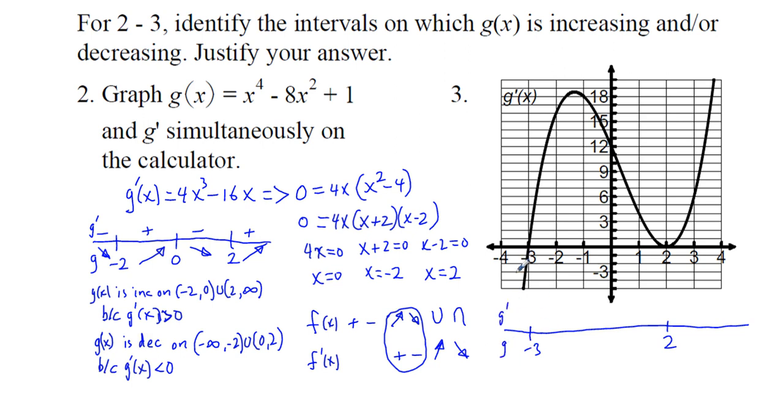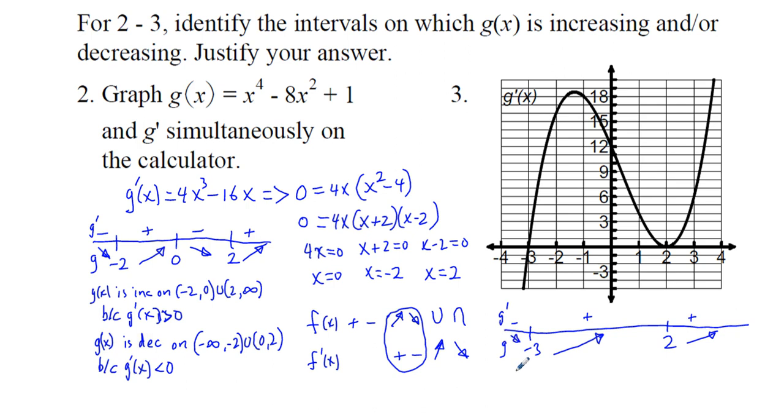And to the left of -3, g prime is below the x-axis or negative, so the function would be going down over that interval. And then between -3 and 2, g prime is greater than 0, so the original function, g of x, is going up. And between 2 and infinity, we're also increasing.